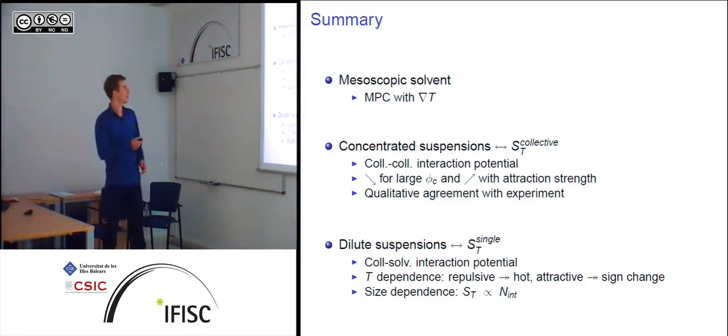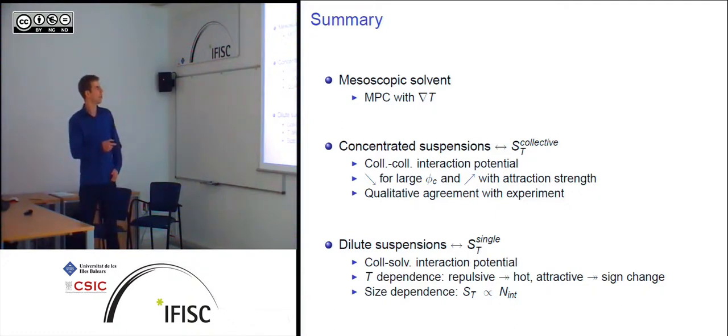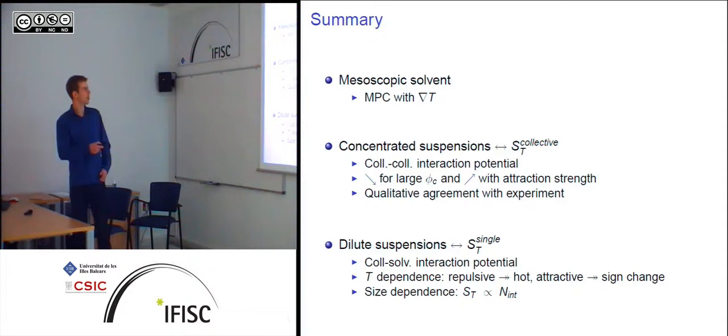So let me summarize what I have presented you. I have presented you a mesoscopic method to implement the solvent, and this method is called multi-particle collision dynamics, and we have used it for the first time together with temperature gradients.